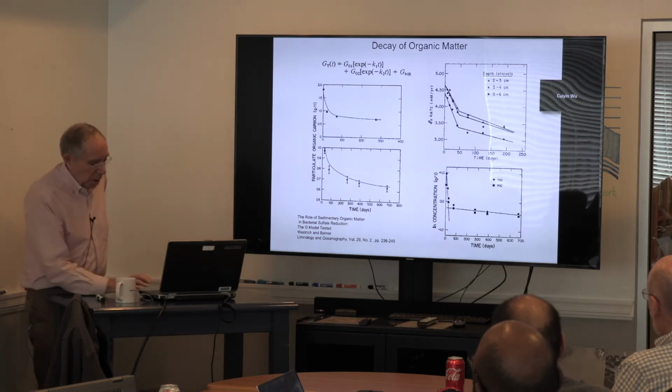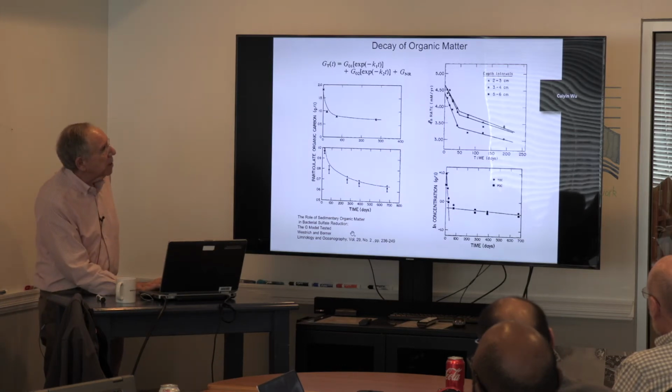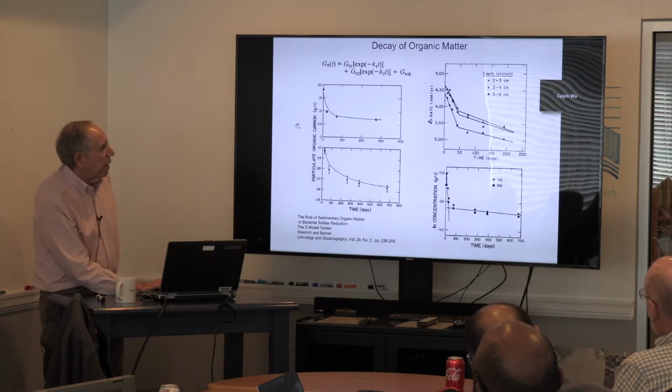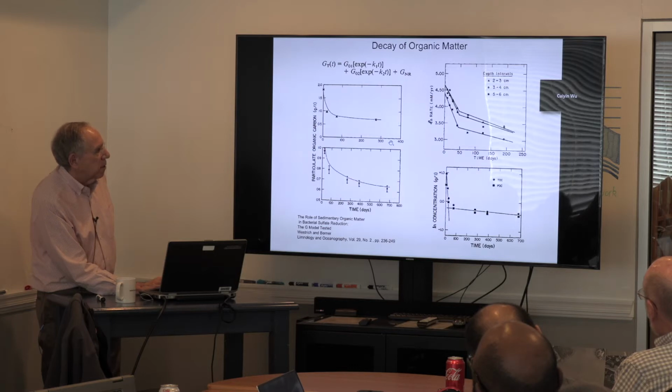Anyway, these are experiments that they did with algae and watched the decay of particulate organic carbon as a function of time. So here is a plot of organic carbon in grams per liter in days out to 400 days, and you see a very fast drop. And then if you look further out, you see a slower drop.